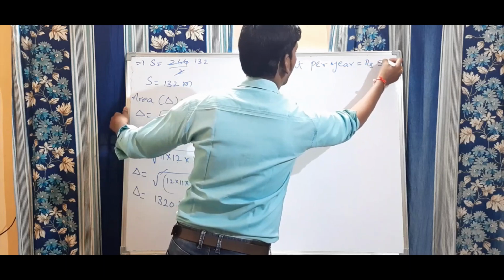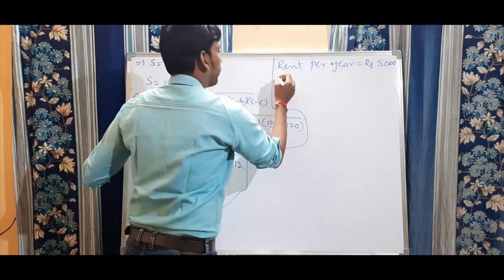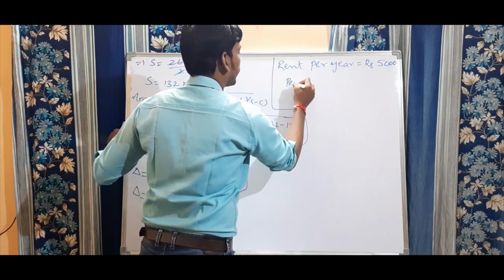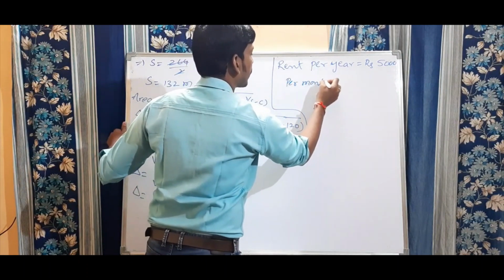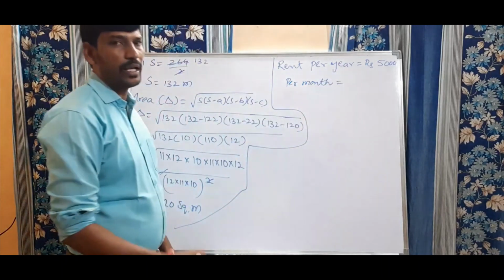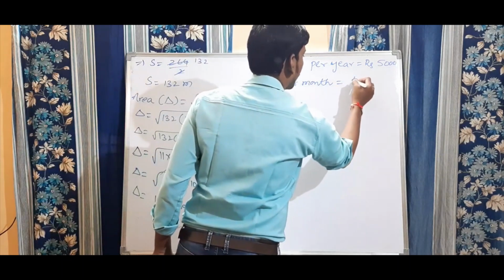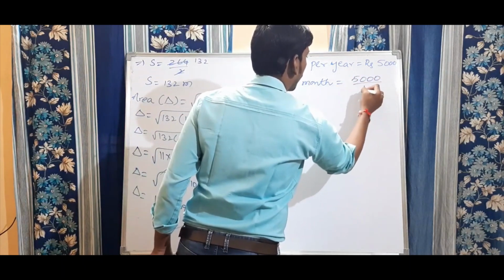Rupees 5,000. Now rent per month, in a year how many months are there? 12 months are there. We are going to find per 1 month, that is 5,000 by 12.